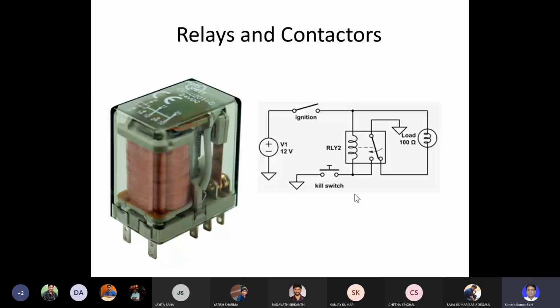Contactors have a higher power rating than the relays, so the coil is energized using, suppose, a 12 volt supply, and the main contacts of 230 volt are energized. So the high power circuit will be activated. So relays and contactors are mutually dependent on the power ratings.